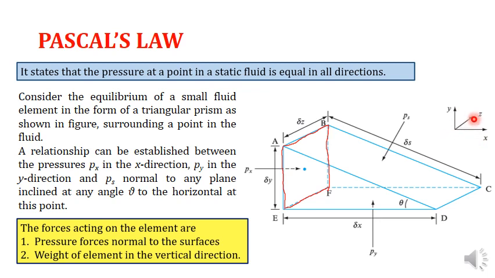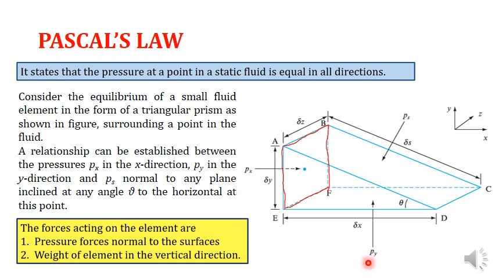You can see the direction of the axes at the top right of your slide: x is to the right, y is upward, and z is in the lateral direction. On this plane the dimensions are delta y and delta z, and Px is the force applied in the horizontal direction normal to that plane, A, B, E and F.